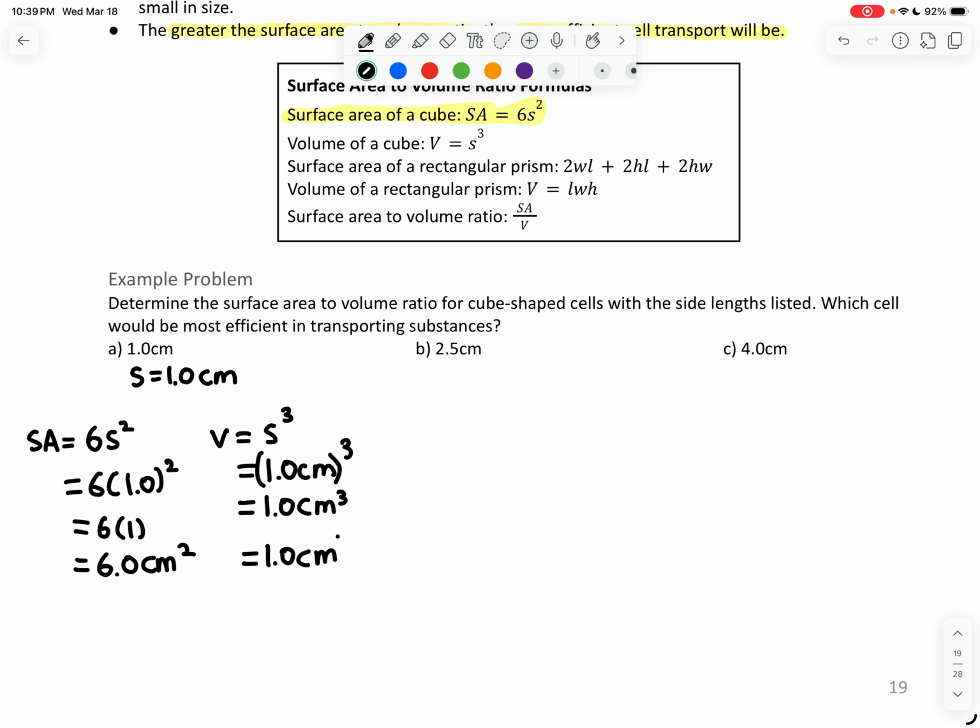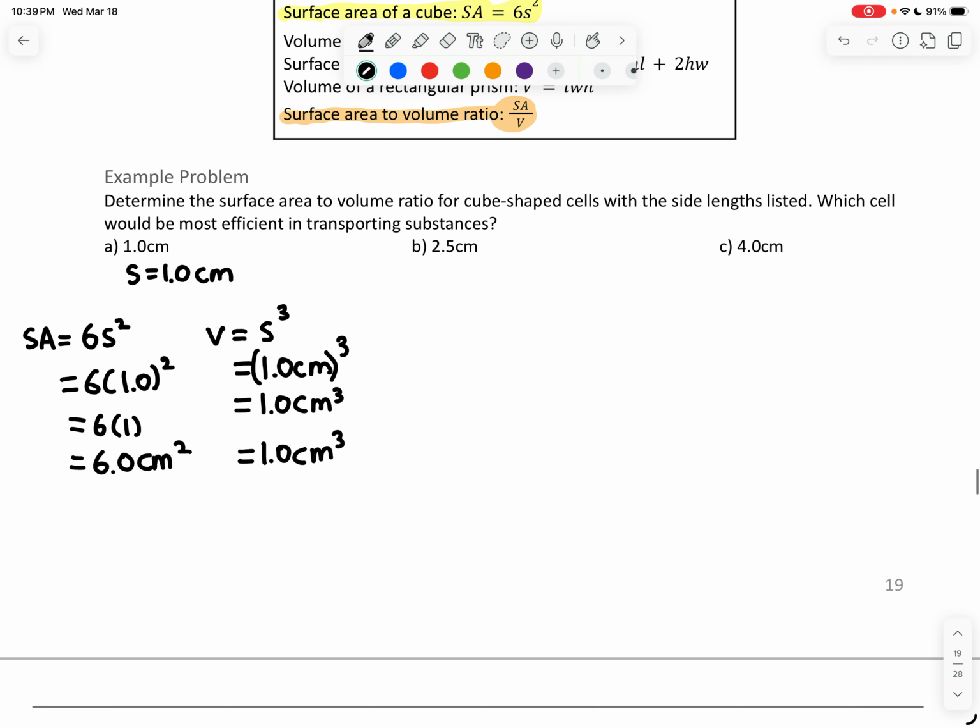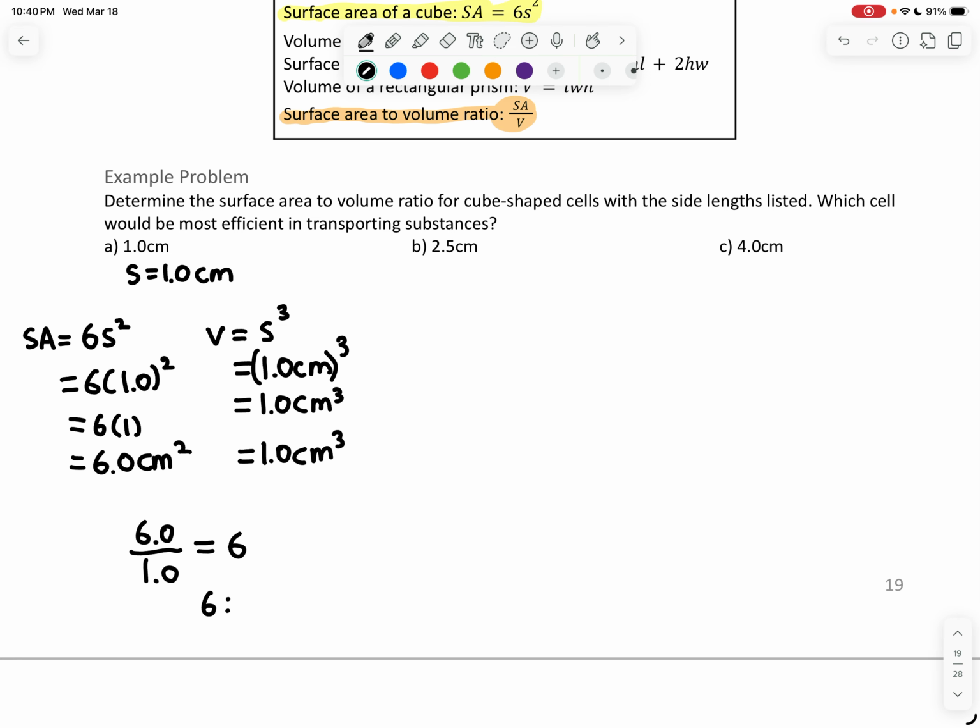Very simple, okay? Now, the last thing you have to do is compare the surface area to volume ratio, okay? So our surface area goes at the top, 6.0 divided by 1.0. You're going to get that it's 6, okay? Then what it means is it's a 6-to-1 ratio, okay?